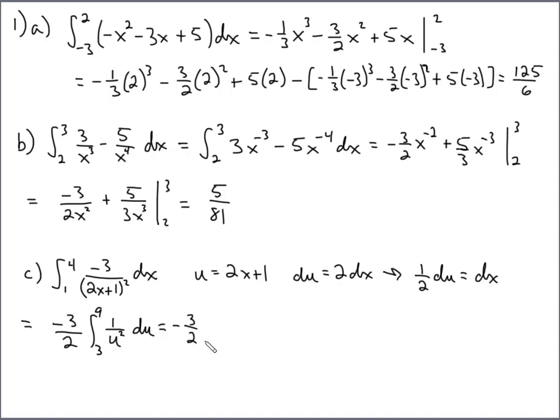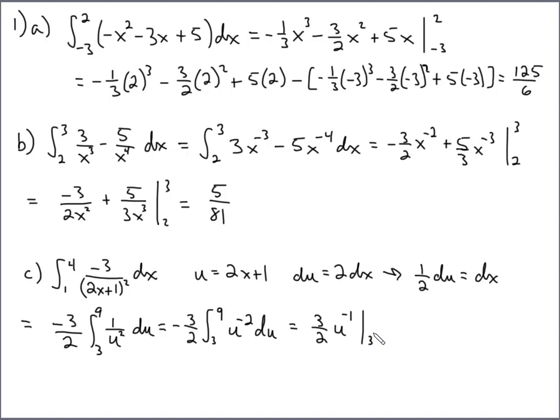To do this antiderivative here, we have to change this to a power function. So let's change this to u to the minus 2 power. Okay, antiderivative will raise that by 1. That's because it gives us a negative 1. So if we divide by negative 1, the sign changes there. So we're going to have positive 3/2 u to the minus 1 power.